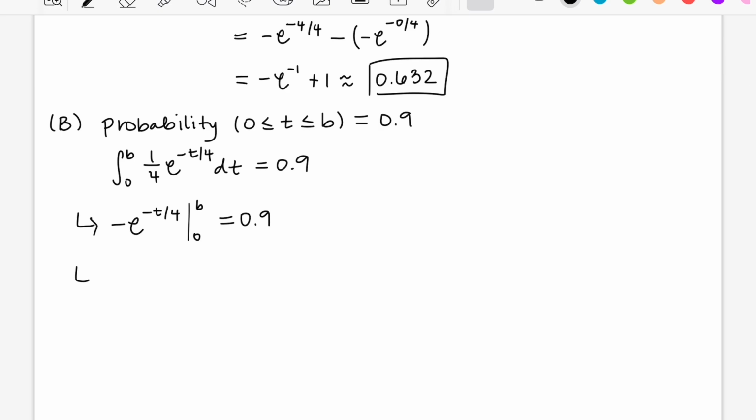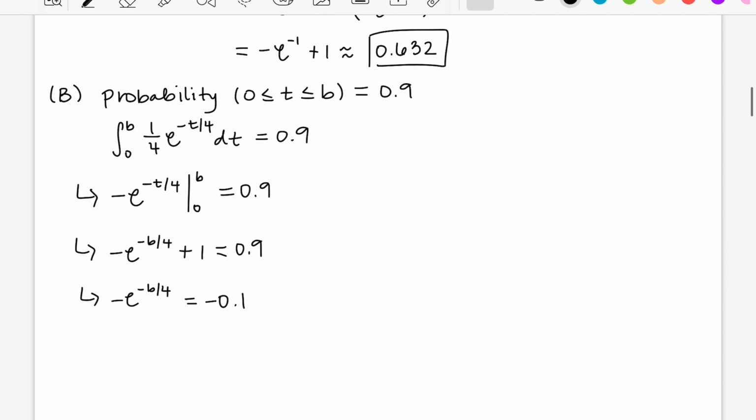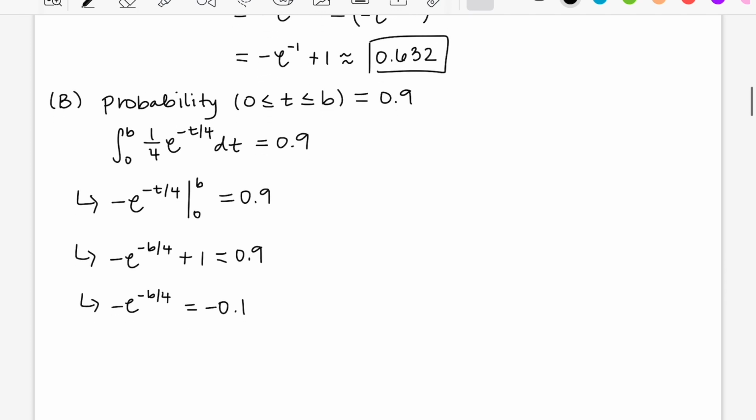Repeating the same steps as above, we'll get negative e to the negative b over 4 plus 1 is equal to 0.9. Now we'll subtract out this 1 on both sides. Now what we want to do is solve for b.